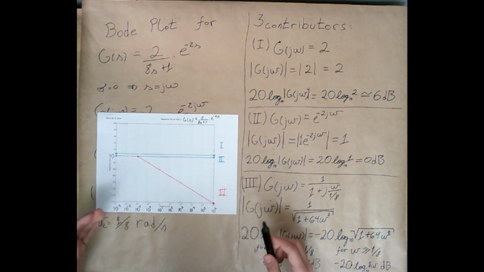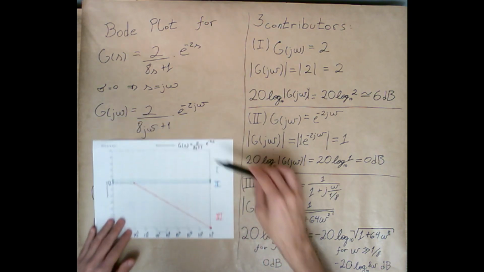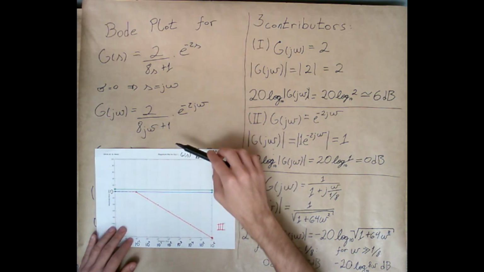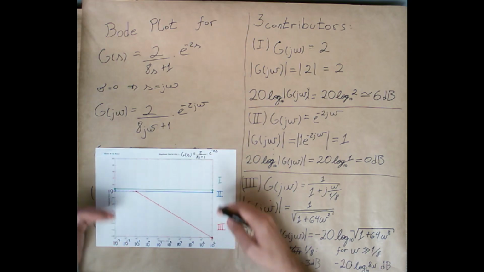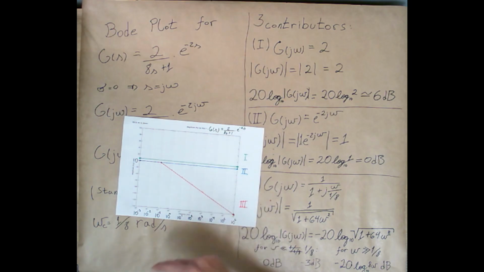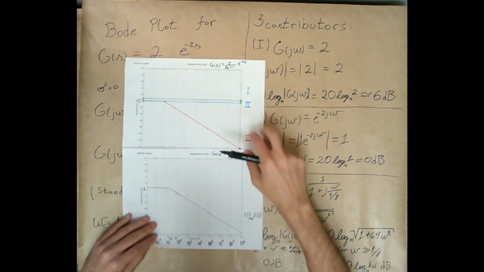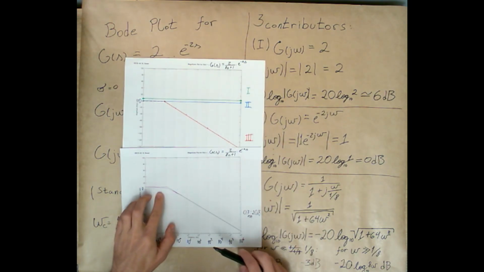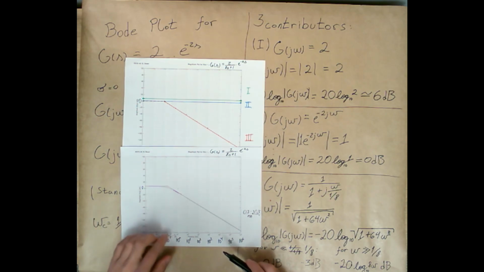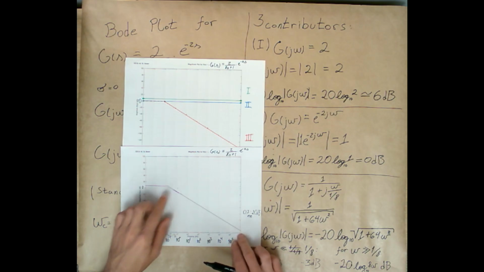Now, the good thing about the logarithm is that we don't need to multiply the contributions of each term at each frequency. We can just sum them. So that's what we're gonna do. And here's the result. It starts out at 6 dB, but at the corner frequency it turns into a downward slope.